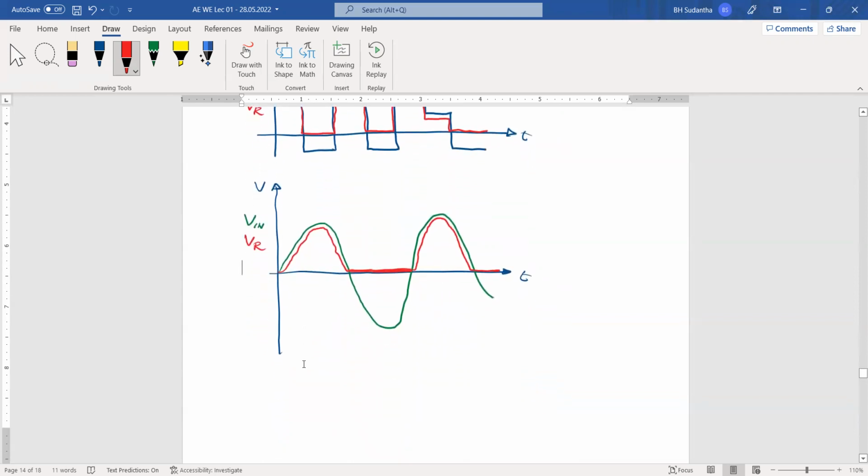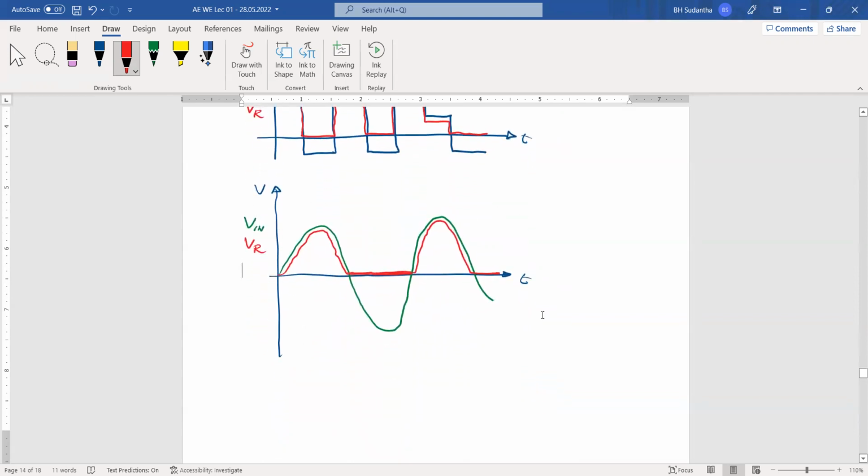The second diode application, we can start from this last figure. Here you can see the input voltage has both a positive side and a negative side. It's a sine wave. But in the resultant waveform across the resistor and from the diode, we cannot see all these positive and negative sides. Why? In the positive half cycle, the diode is forward biased, so the diode can conduct.